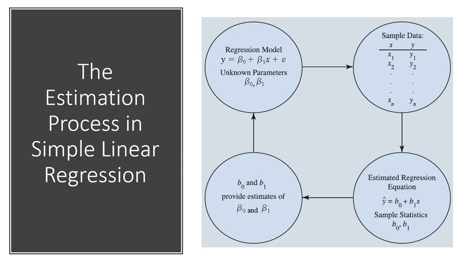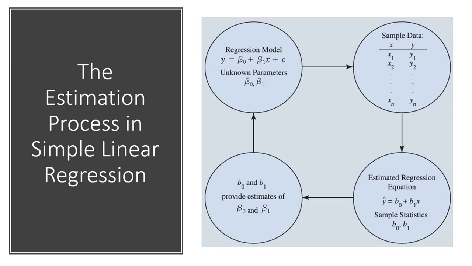And so if we're thinking about that estimation process in our simple linear regression, we want to make a regression model that describes our population parameters. But as we've discussed before, it's not always feasible to get observations from every participant within your population, and so you take sample data x1, y1 to x2, y2, and so forth.